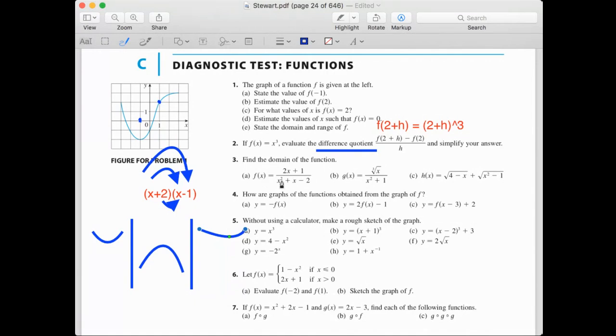Rational functions are usually not continuous, except in some special situations, where you can simplify it to a polynomial function. Then we will have a circle, even though we still have vertical asymptotes. So with rational functions, we have these vertical asymptotes, and those values are not in the domain.